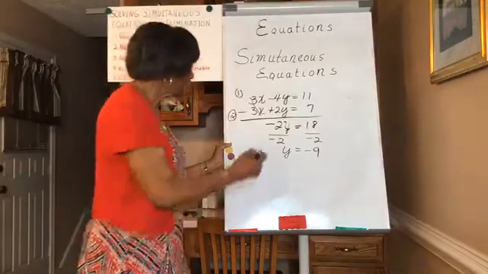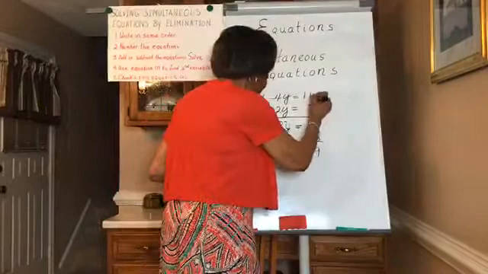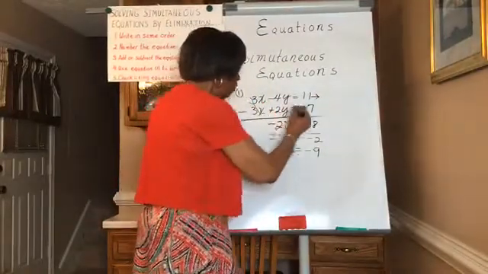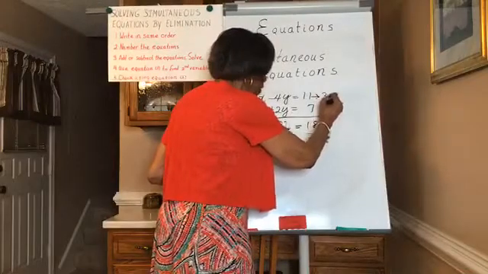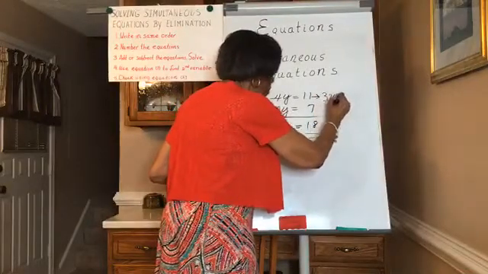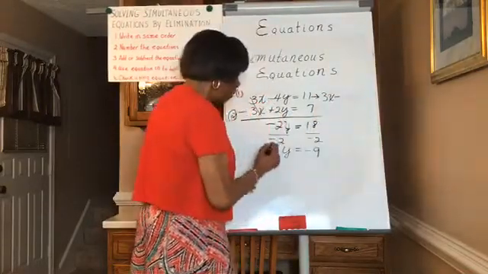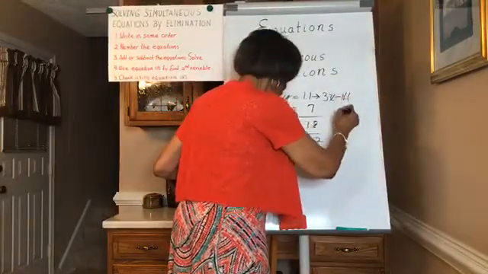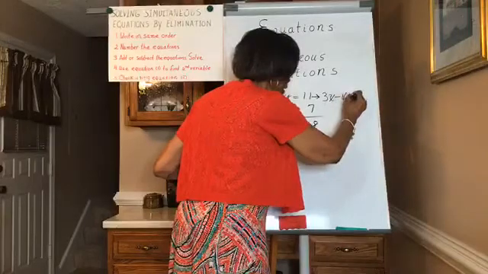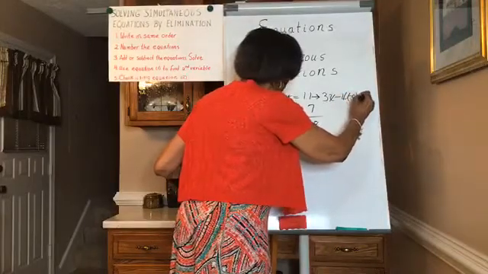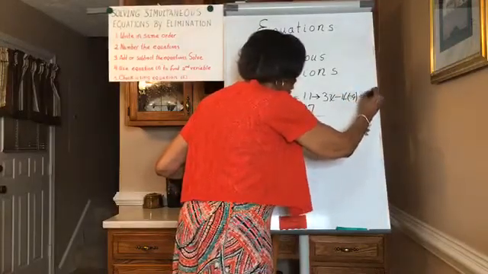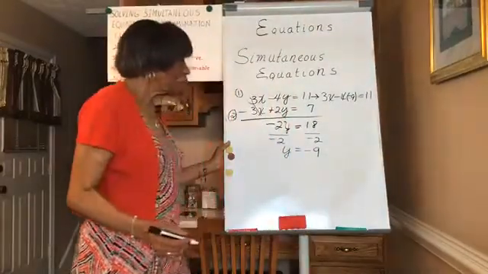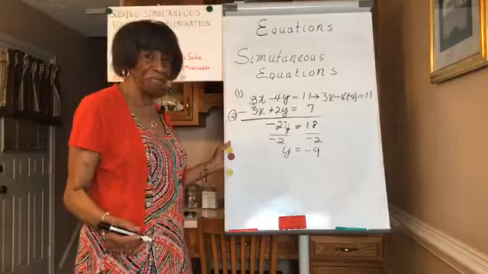Okay, so we go to the first equation, the one we numbered 1, and we plug in. We have 3x minus 4 times negative 9 equals 11. This is not the problem I gave you. I solved each problem that I gave you before I came on.